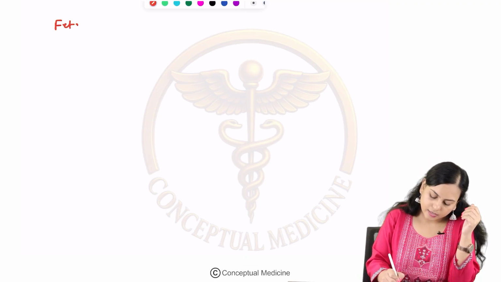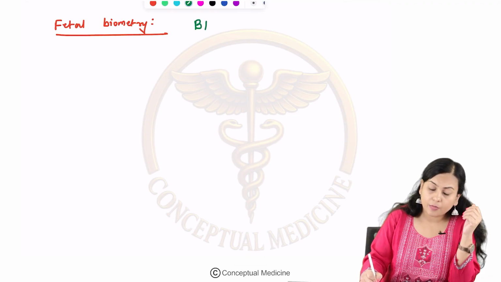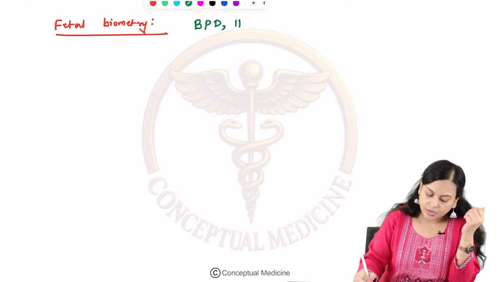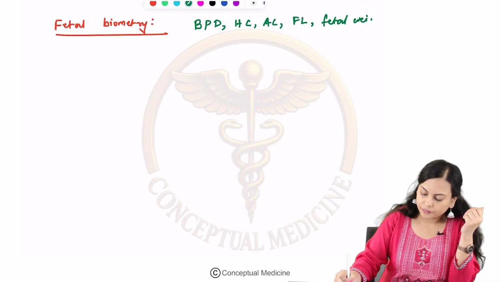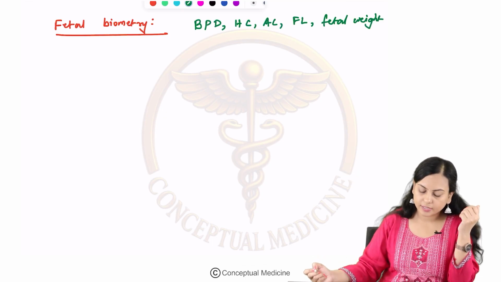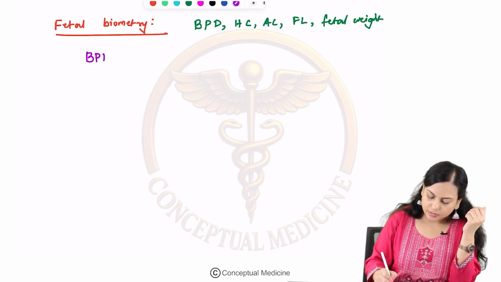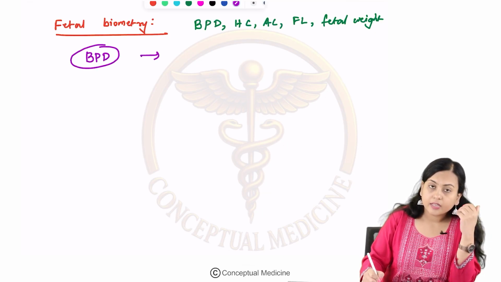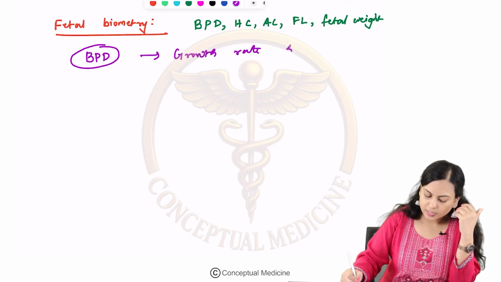So if you take fetal biometry, you have to study about the biparietal diameter, HC, AC, femur length, and fetal weight.